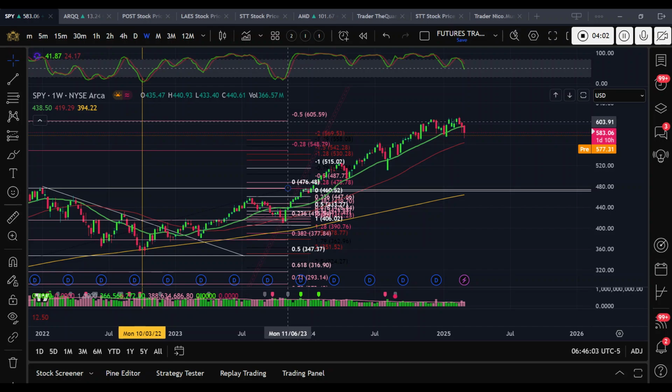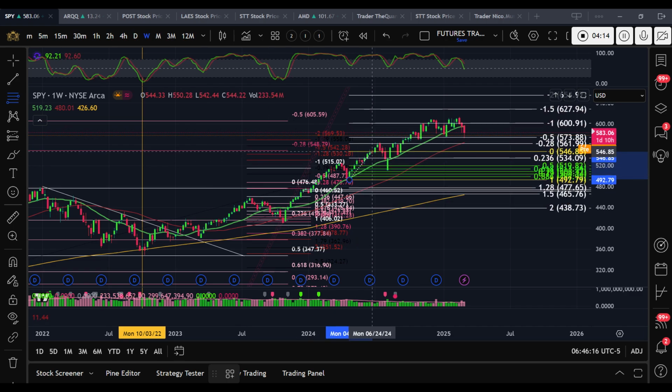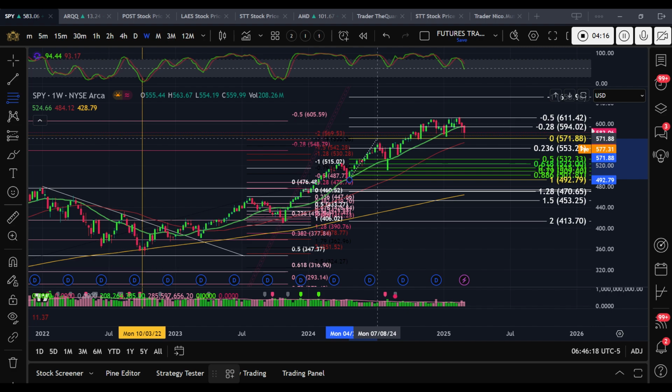So let's do the same thing on SPY that we did on QQQ and draw a fib on some old levels.